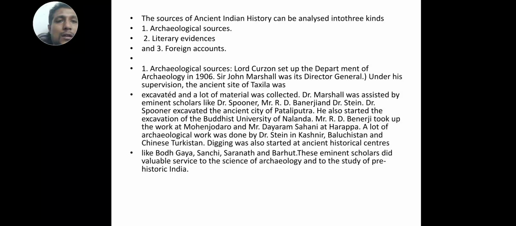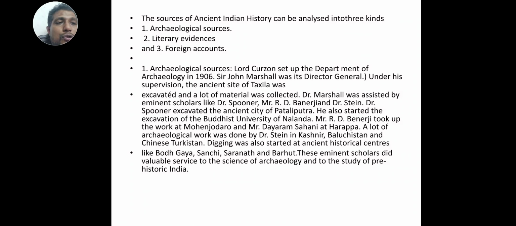He also started the excavation of the Buddhist University of Nalanda. Mr. R.D. Banerjee took up the work of Mohenjo-daro and Mr. Dayaram Sahni at Harappa. A lot of archaeological work was done by Dr. Stein in Kashmir, Balochistan, and Chinese Turkestan.